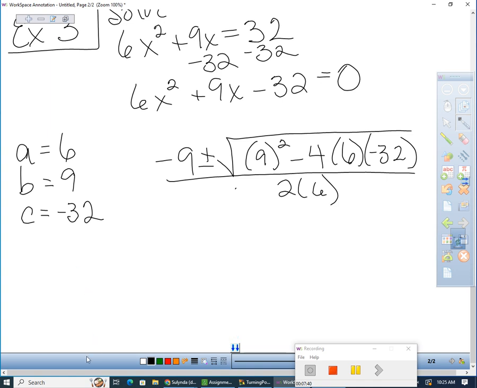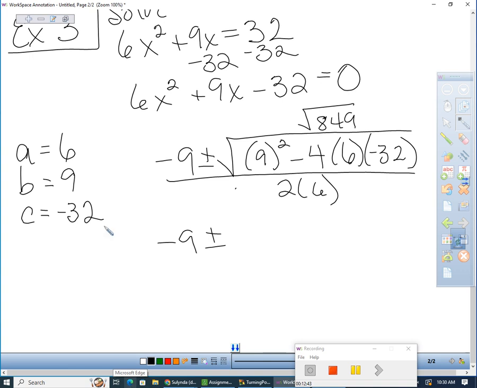So now we simplify under that square root. 849. Good. Again, we still need to take the square root of that, right? All right, so that's what we're going to talk about. So now we have negative 9 plus and minus. I need you to go 2 decimal places.